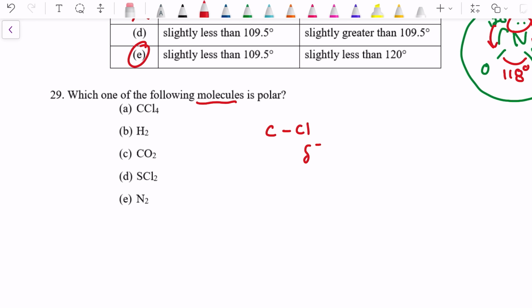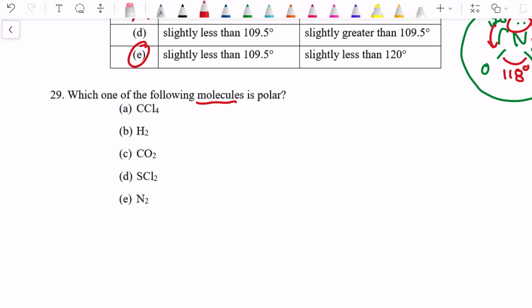So chlorine would get a partial negative charge and carbon would get a partial positive. This is a polar bond, but you can have these bonds in a nonpolar molecule if it's symmetric. When we talk about molecular polarity, we're looking at electron asymmetries in the molecule.